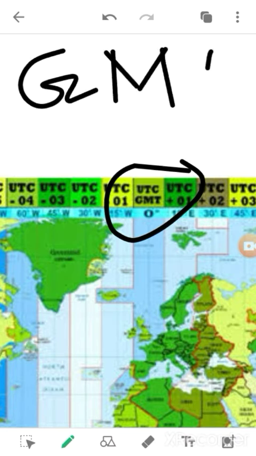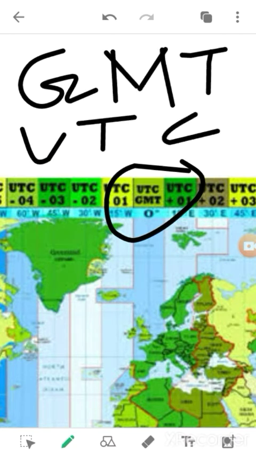Remember that there is a difference between GMT and UTC. What is the full form of GMT? The full form of GMT is Greenwich Mean Time. And what is the full form of UTC?